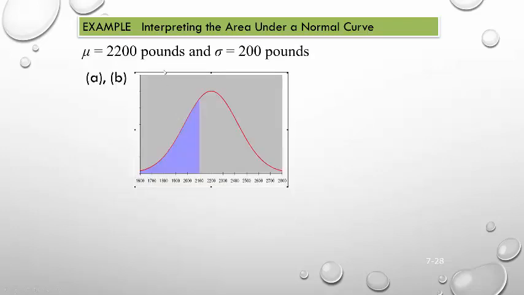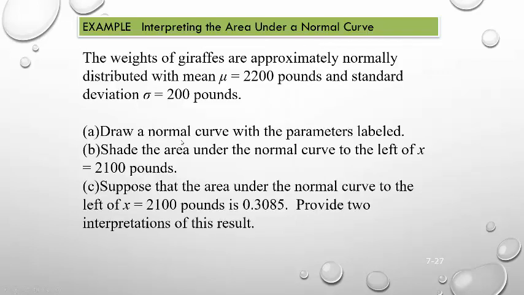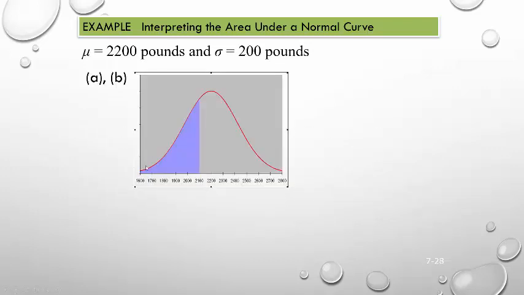Here's the first thing I did. I'm going to draw a normal curve and shade the area under the curve to the left of 2,100 pounds. Here's a normal curve. The highest point of the curve occurs at 2,200 pounds, and I labeled every 100 pounds. 2,100 pounds is a little bit below the average, so I draw a line up to the curve and shade in everything to the left.